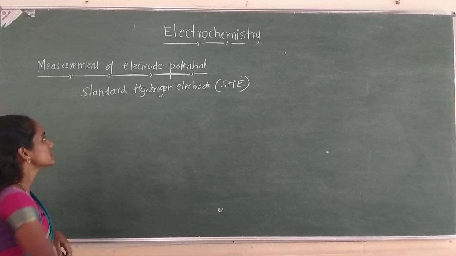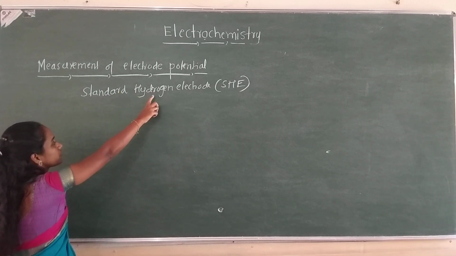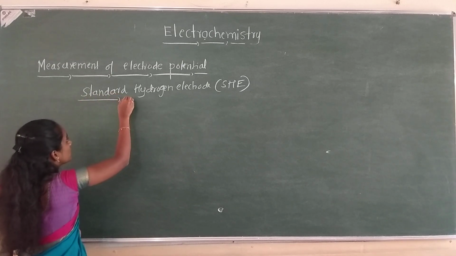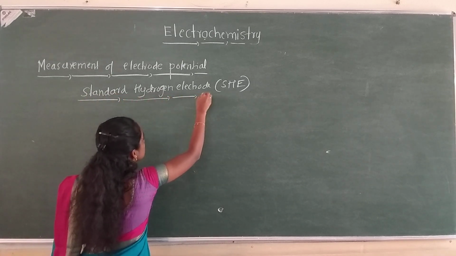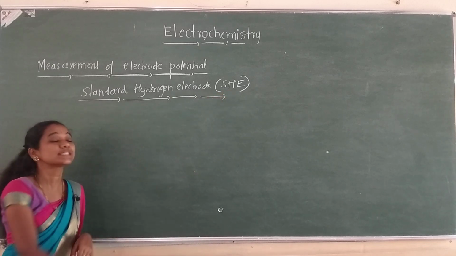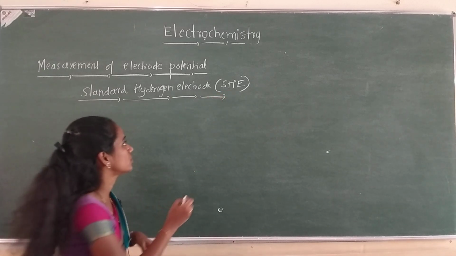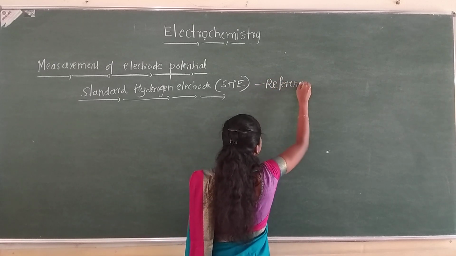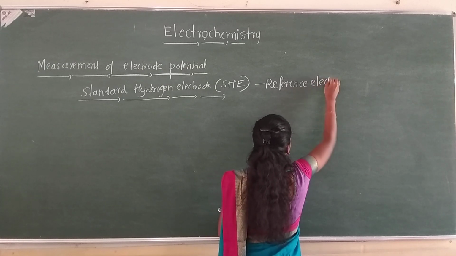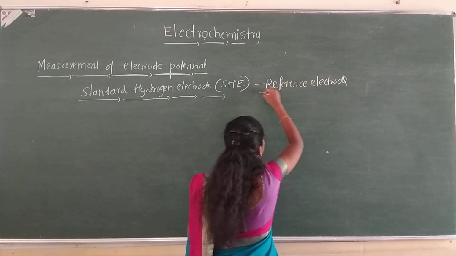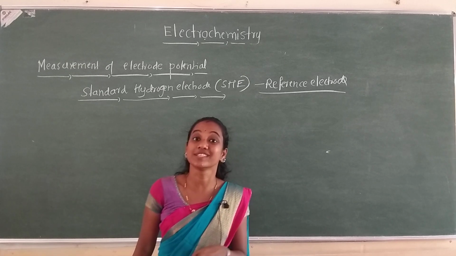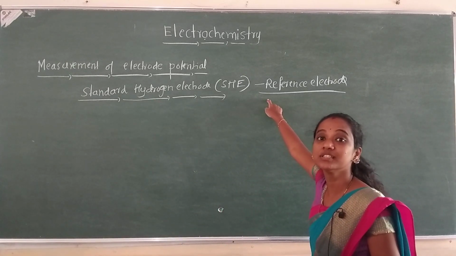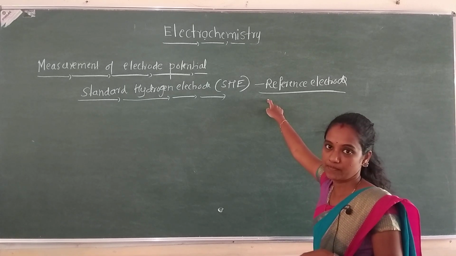Capital letter S stands for standard, H for hydrogen and E for electrode. So the standard hydrogen electrode, or SHE, according to convention, is considered as the reference electrode. By making use of this reference electrode, one can measure the electrode potential of a half cell.